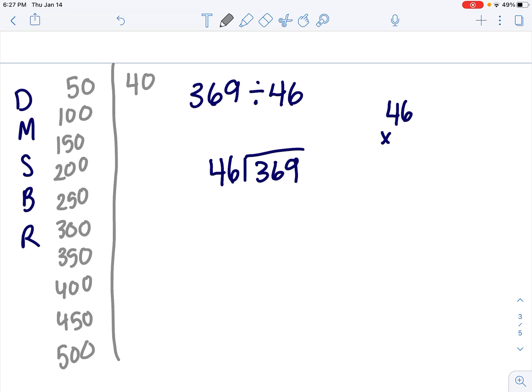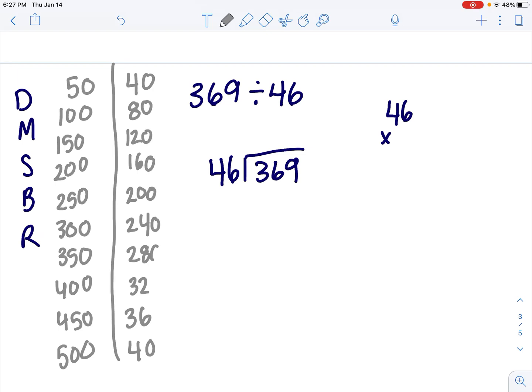Well, let me show you that too. 4, 8, 12, 16, 20, 24, 28, 32, 36, 40. And now we want those zeros on the end to make that skip counting by 40 instead of just skip counting by 4s.